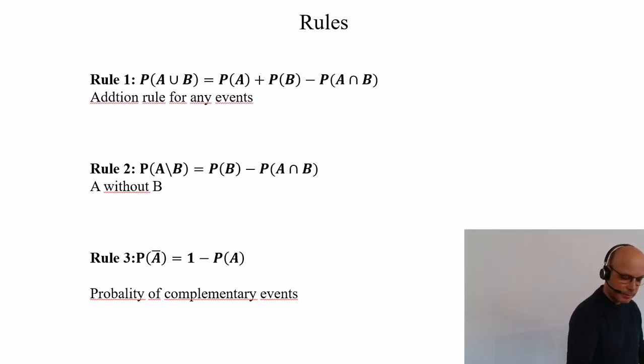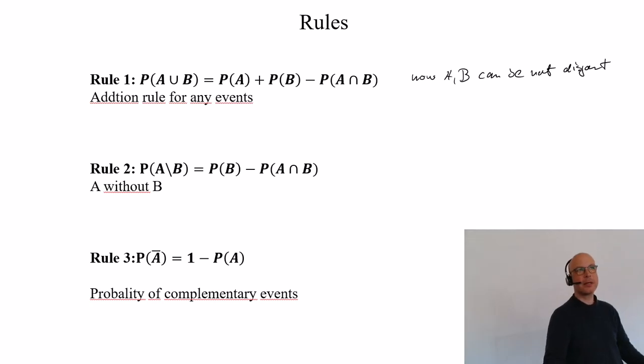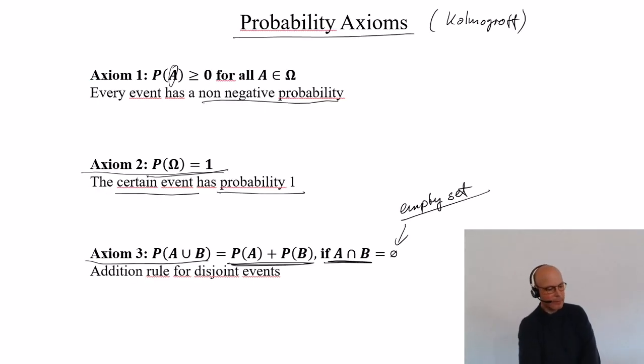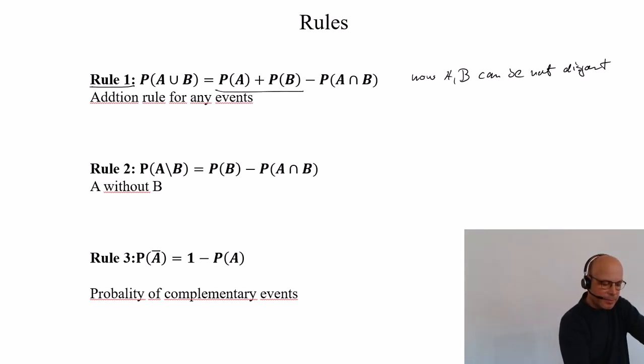So now A and B can be not disjoint, then from our 3 axioms we can deduce the first rule that now the probability is P of A plus P of B minus the probability of the set A and B happening at the same time. So this is the set A with B.